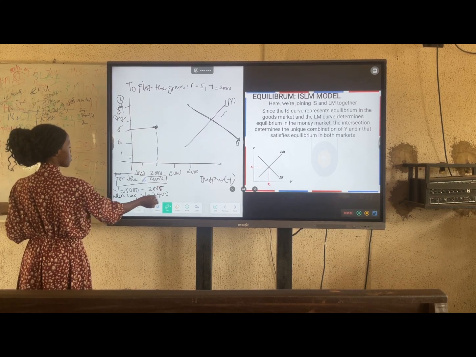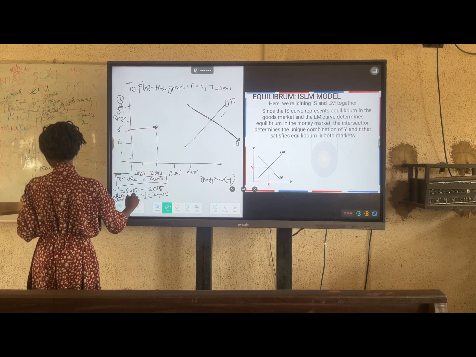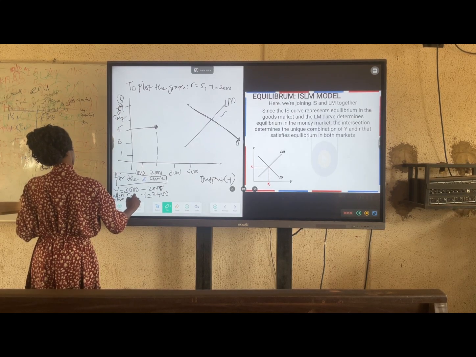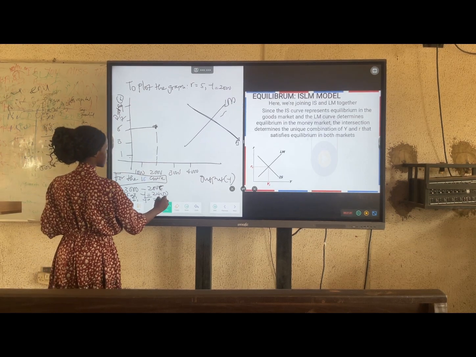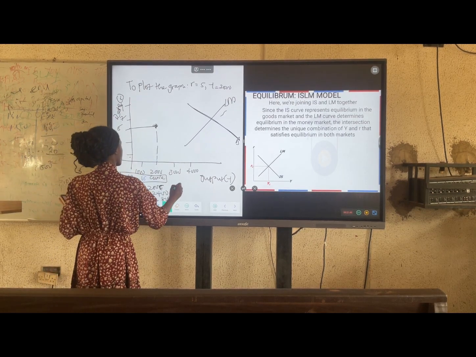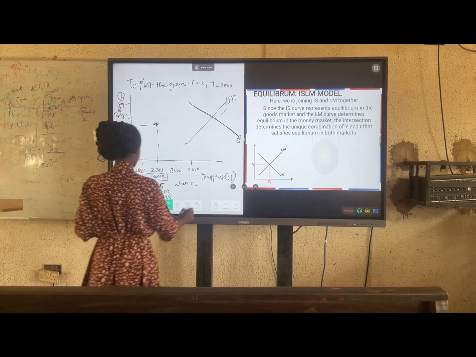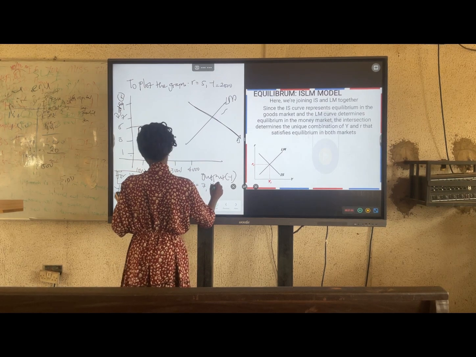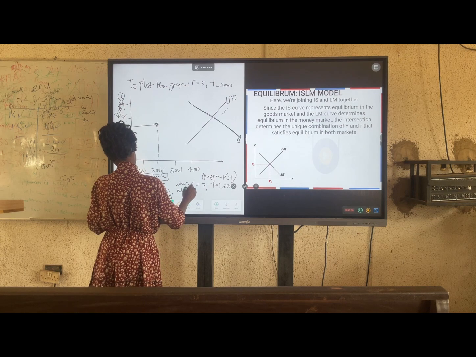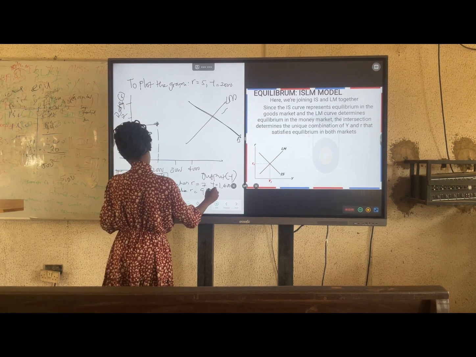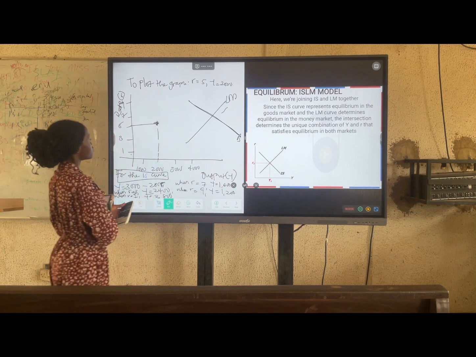Then when R is 1, we have our Y to be 2800. When R is 3, we have our Y to be 2400. When R is 7, we have our Y to be 1600. When R is 9, we have our Y to be 1200. So we're going to be plotting that against our output.